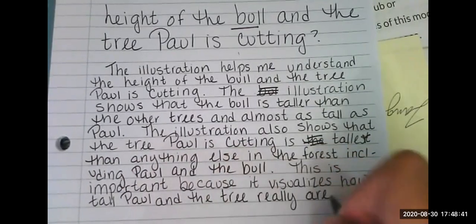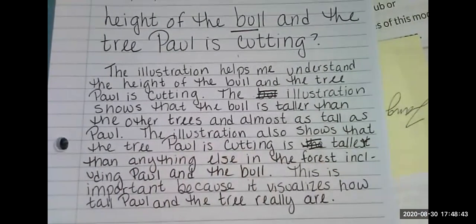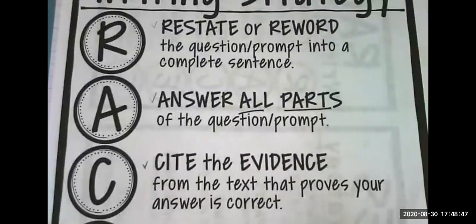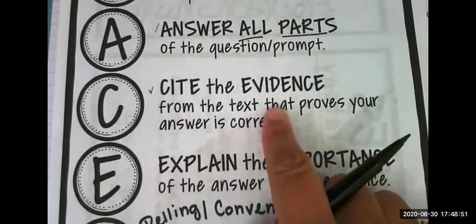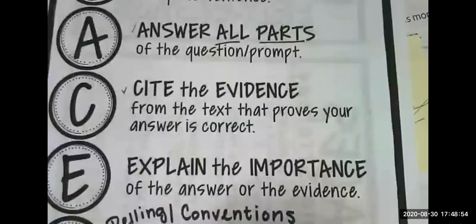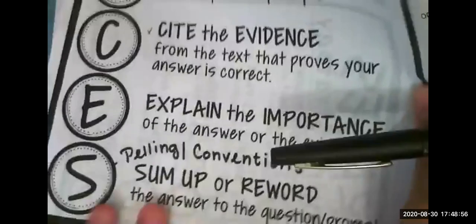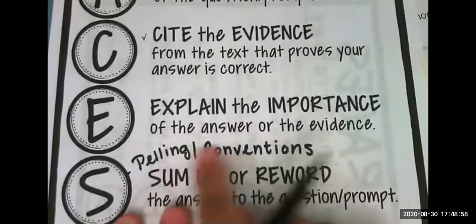Okay. I stated, I answered. I didn't have to cite, but I did refer to my text. I referred to the illustration. I explained the importance. And the last thing I have to do is read through it for spelling and conventions.